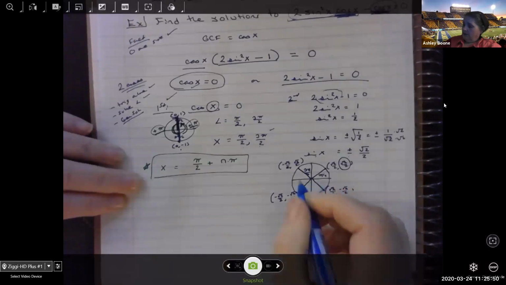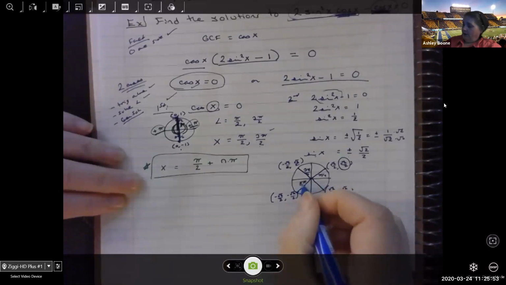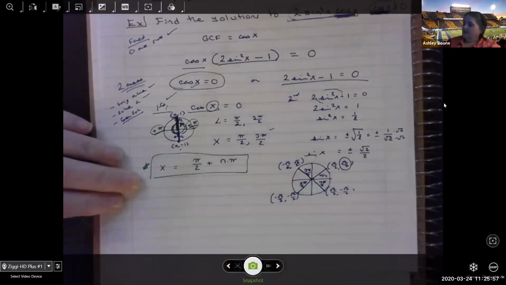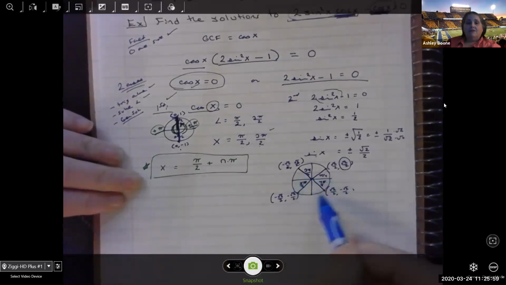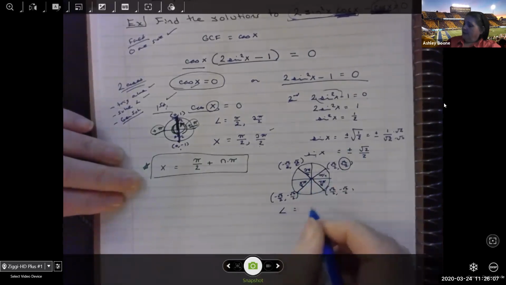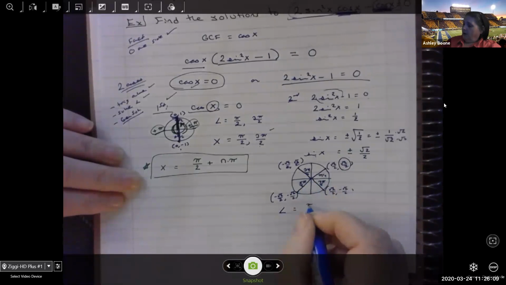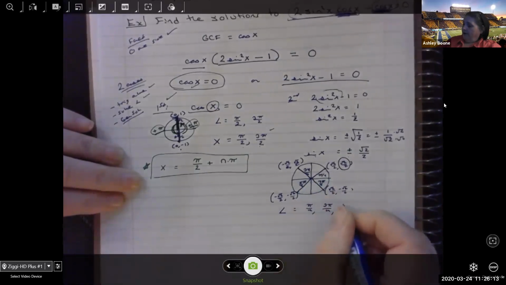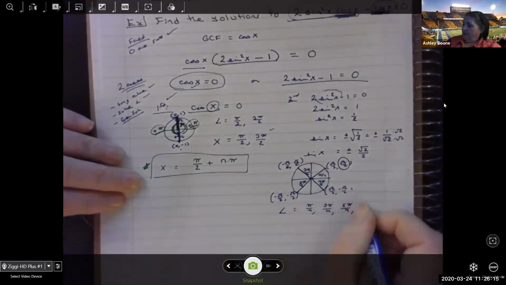Okay, so this would be 5 pi over 4. This would be 7 pi over 4. It's happening at the over 4 angles. And I want positive and negative, so that fits any quadrant. So this is going to happen when our angle is any multiple of pi over 4. So pi over 4, 3 pi over 4, 5 pi over 4, 7 pi over 4.